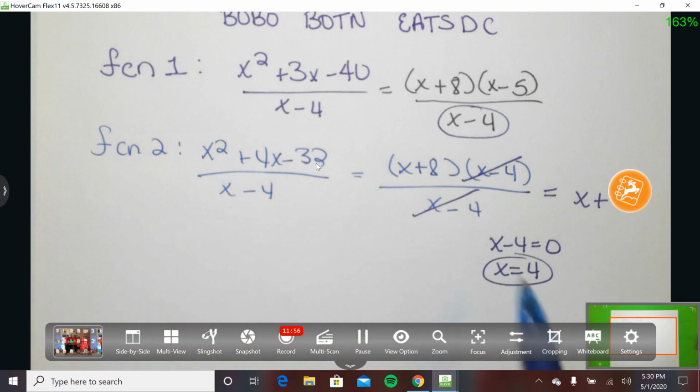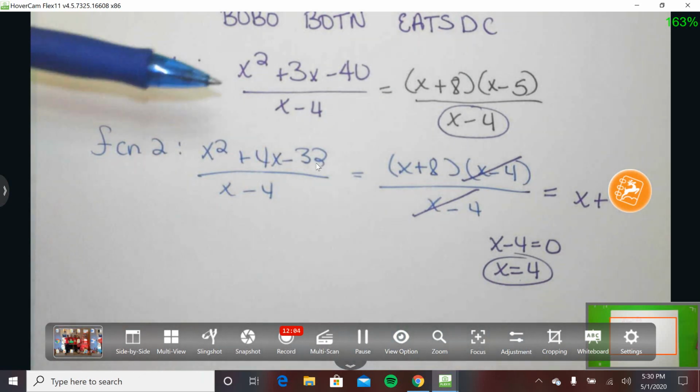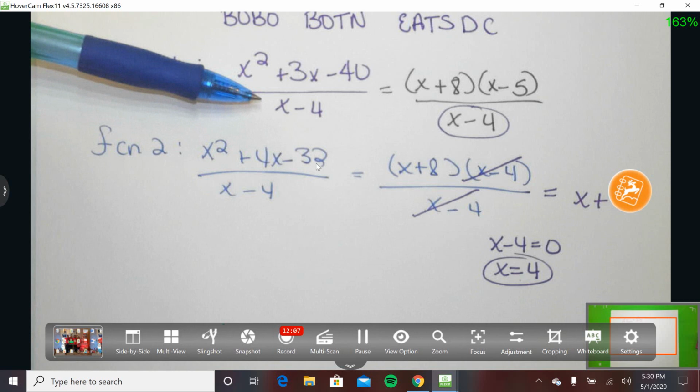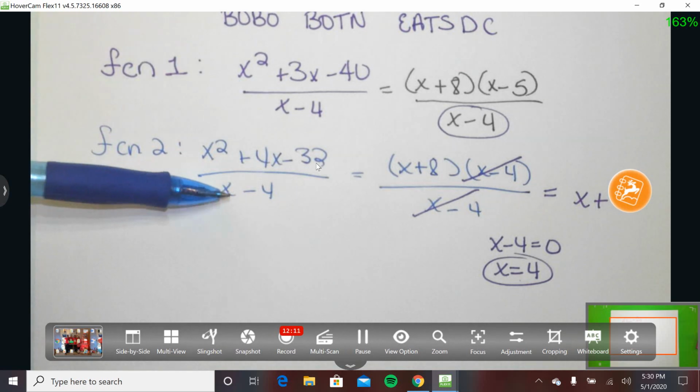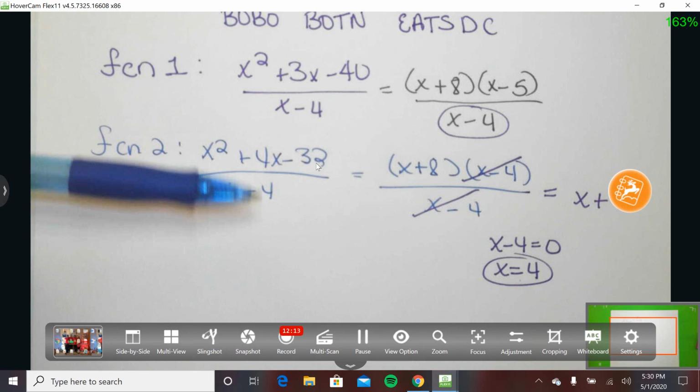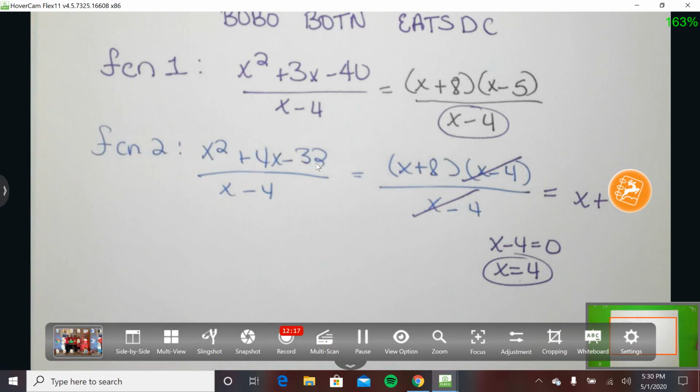When you solve that equation, you have x equals 4 for both of them. Here it'll be an asymptote, here that restriction will be a hole. So asymptote or hole is included in the word restriction, and they both have something at x equals 4, if that makes any sense.